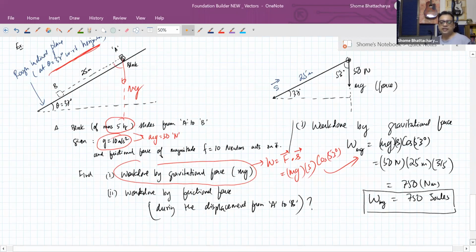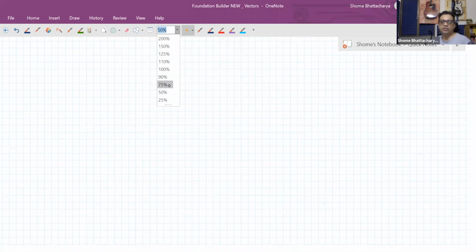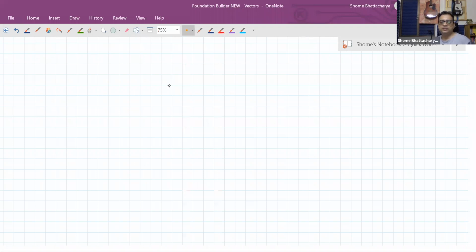What is the direction of friction? This you know from your general knowledge of mechanics, no? Basic things in physics. What is the direction in which friction acts? Opposite to the displacement, yes. So the work done by friction will be negative, that's correct.